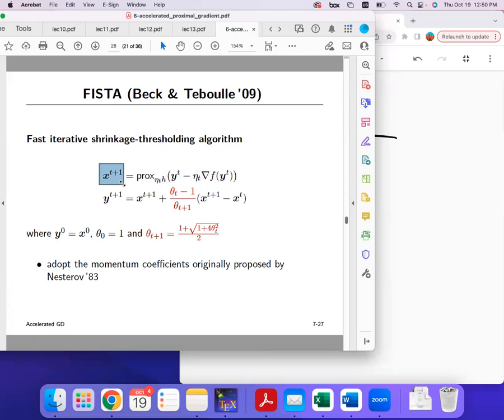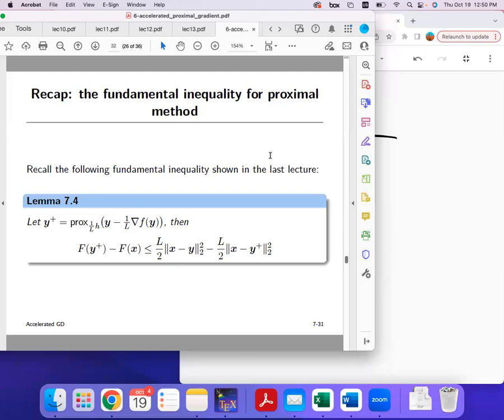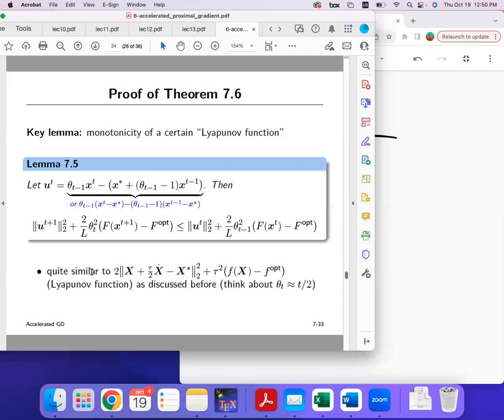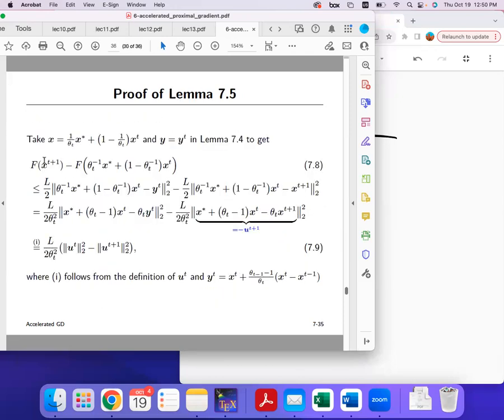That's why this y plus is essentially xt plus 1. So that's why here we will have f of xt plus 1. And then this term is f of x. And the following two quadratic terms simply plug in all these definitions. So this exactly comes from the lemma 7.4.